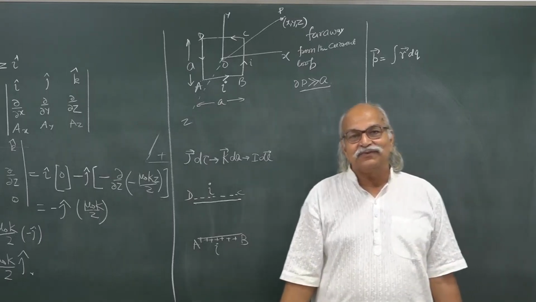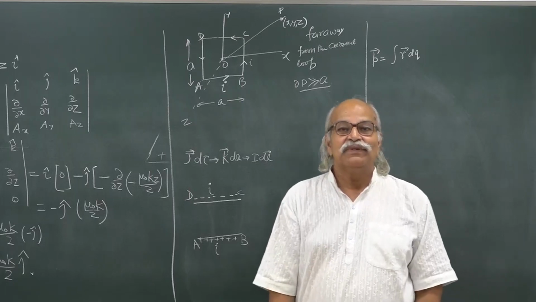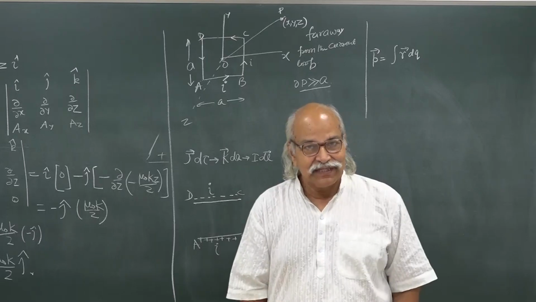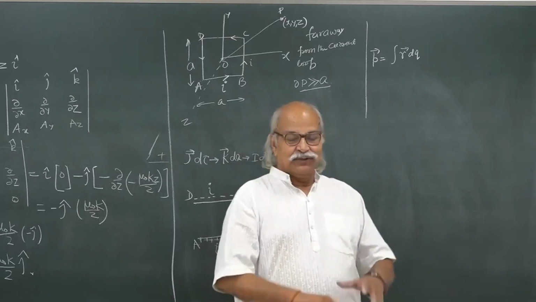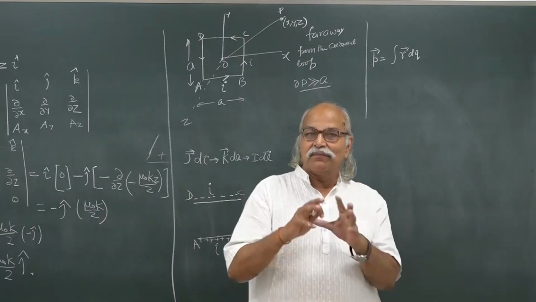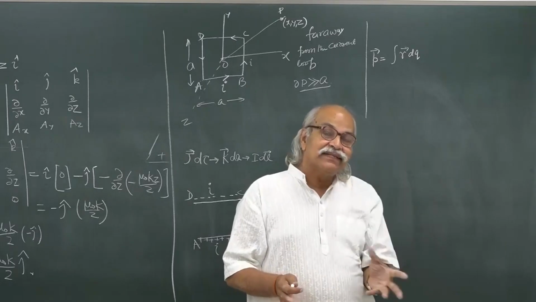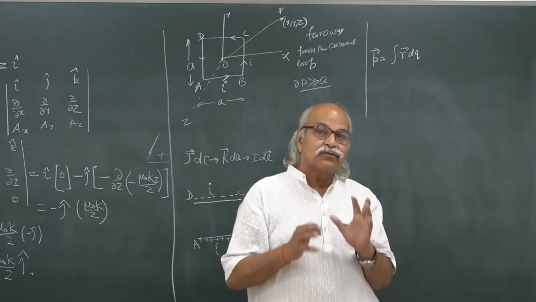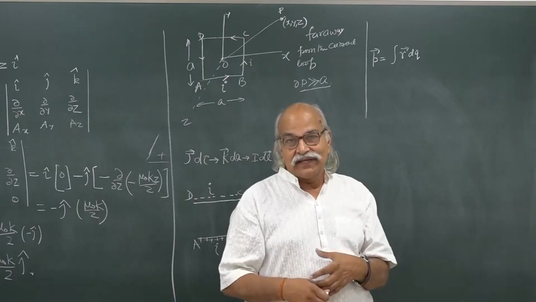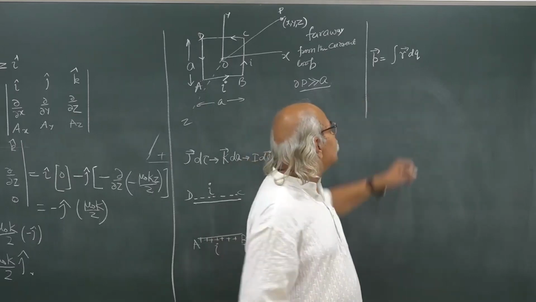In high schools, we normally define an electric dipole as a combination of two charges, nothing wrong in that. But then you may have a bigger charge distribution. At some places the charges are negative, at some other places charges are positive, total charge 0. Then also we can define a dipole moment, and for that we do this.